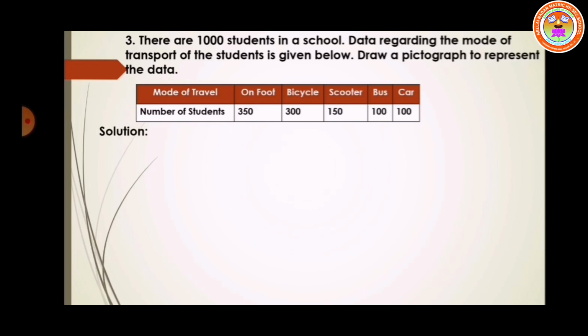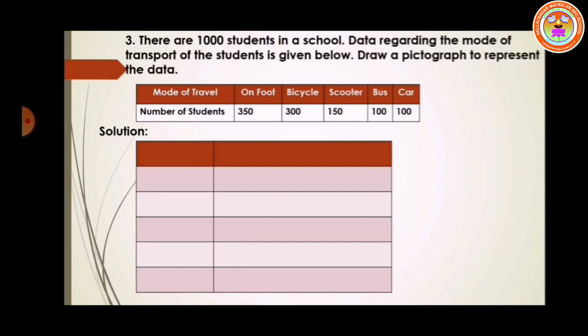Solution. Now they have asked for a pictograph, so let us draw the table. In the first column, mode of travel. Second column, number of students. The first one is on foot, 350 students.